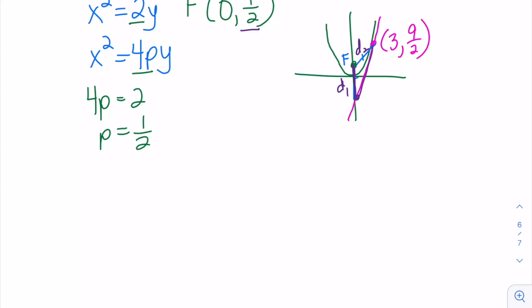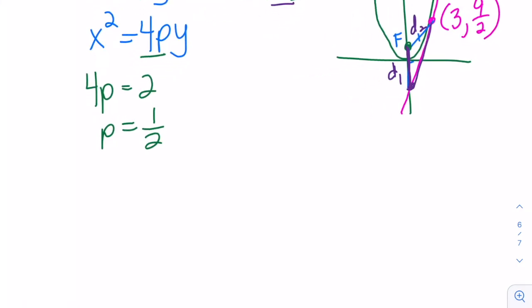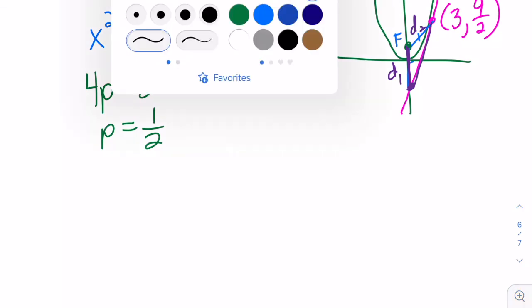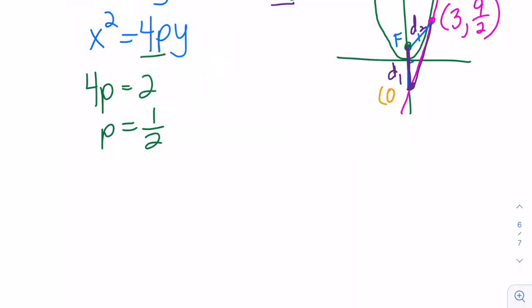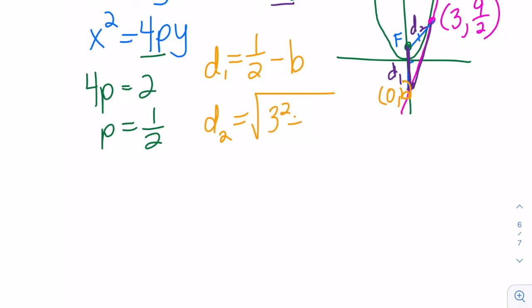Now if we wanted to find those lengths, I'm going to label this as D1 and D2. We can also label the y-intercept. So I'm going to label that here as (0, b). The distance between the focus and the y-intercept will just be 1/2 minus b. To find the length of D2, that's going to be the square root of 3 squared plus (9/2 minus 1/2) squared.